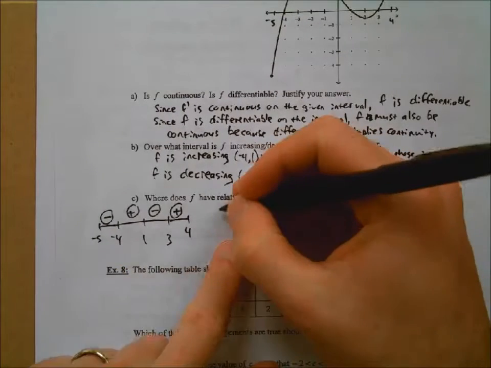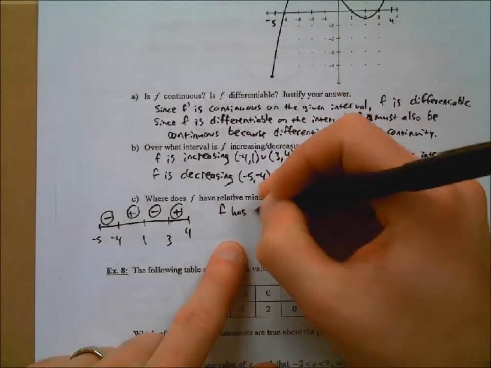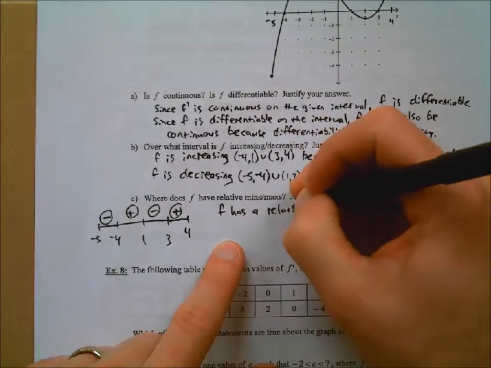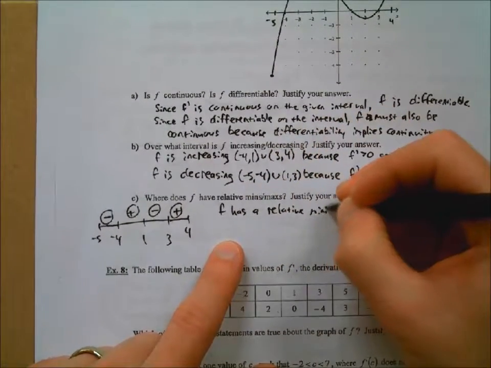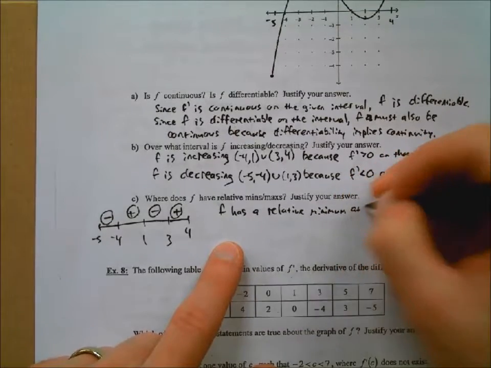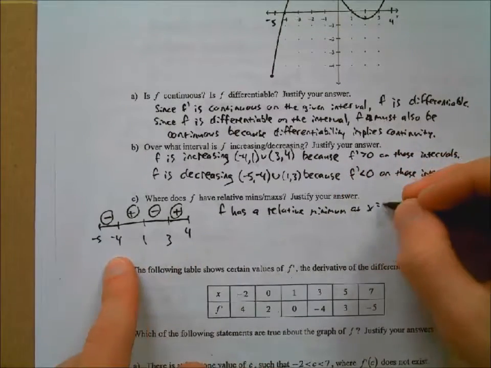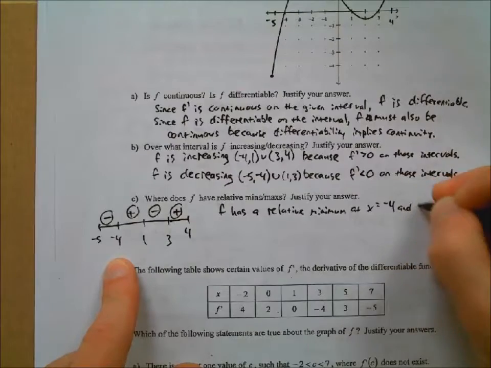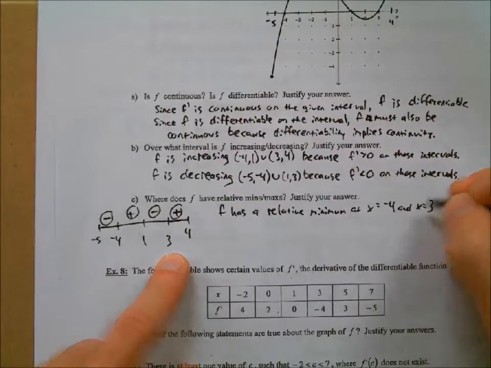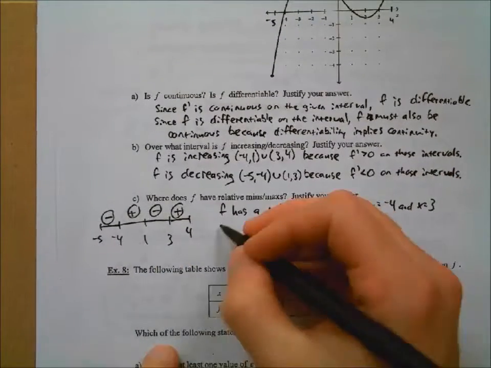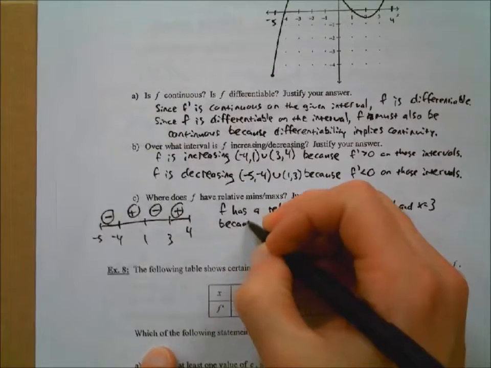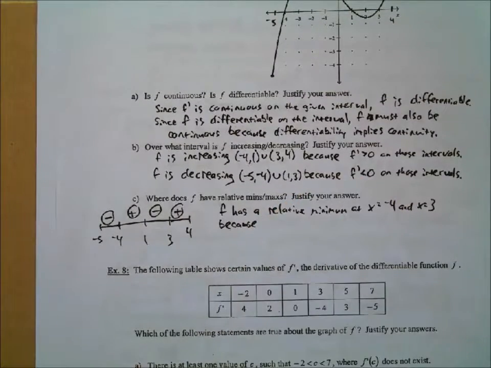So f has a relative minimum at x equals negative 4 and x equals 3, because we have to justify. What's our justification? How do we know? F prime changes from negative to positive.